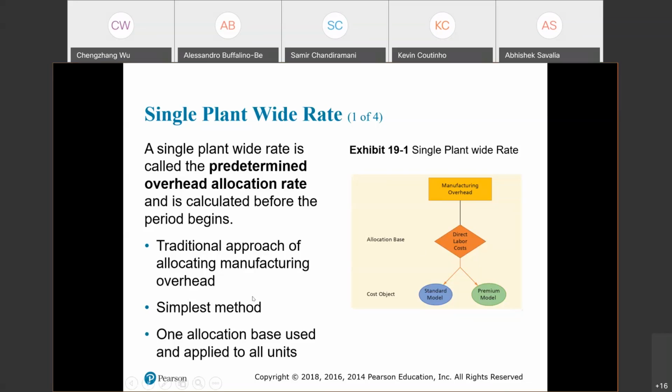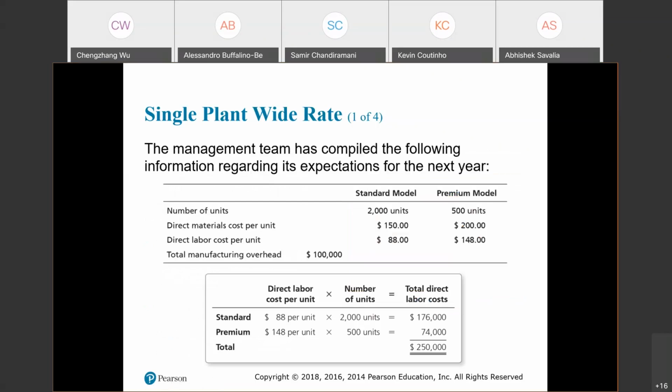Here we have the first method, which is the single plant-wide rate, and it is regarded as the easiest way.